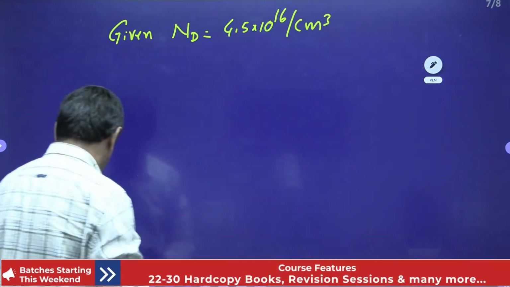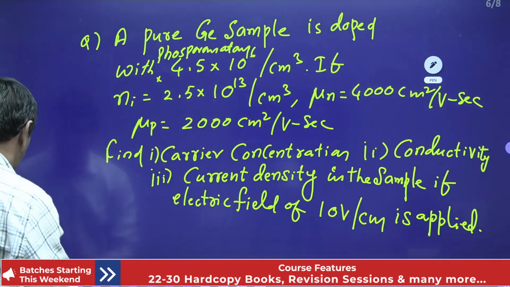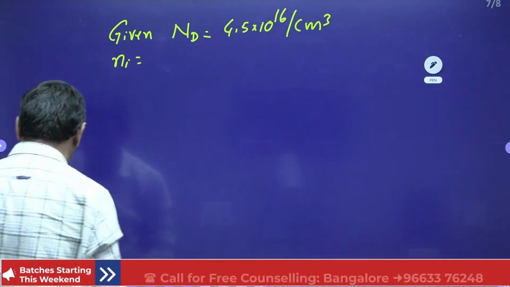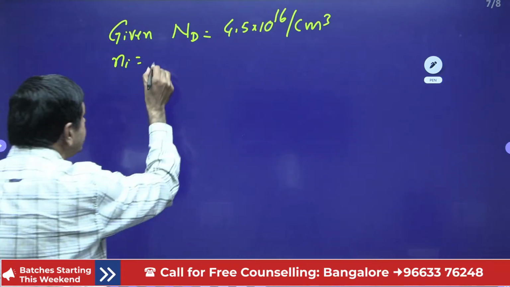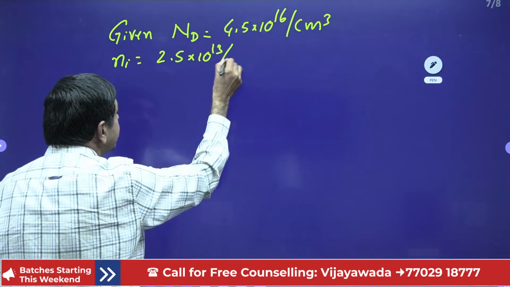And what about the next value? Ni is given, the intrinsic concentration: Ni equal to 2.5 × 10^13 per cm³.